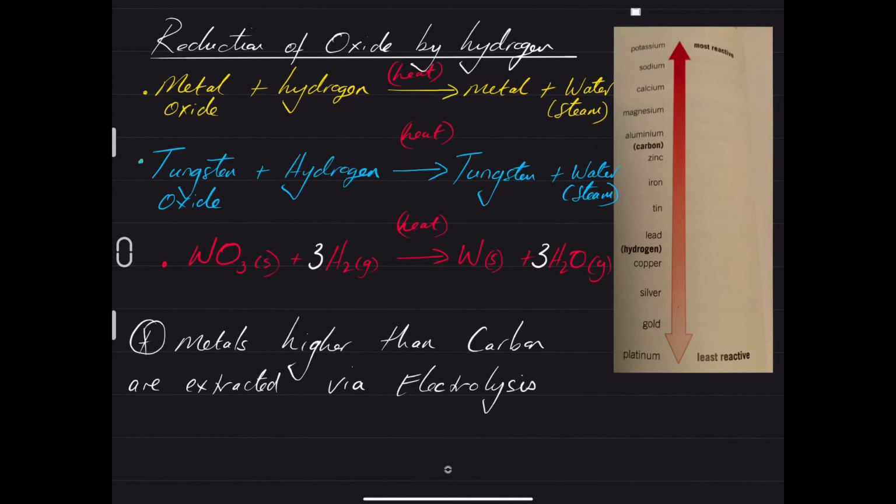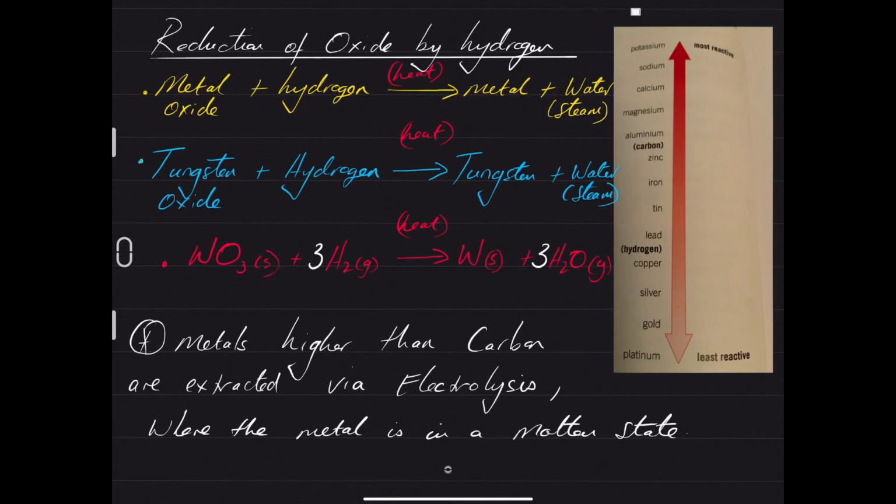Okay. Via electrolysis, where the metal is in a molten state. So the metal must be in a molten state for this type of extraction to occur.